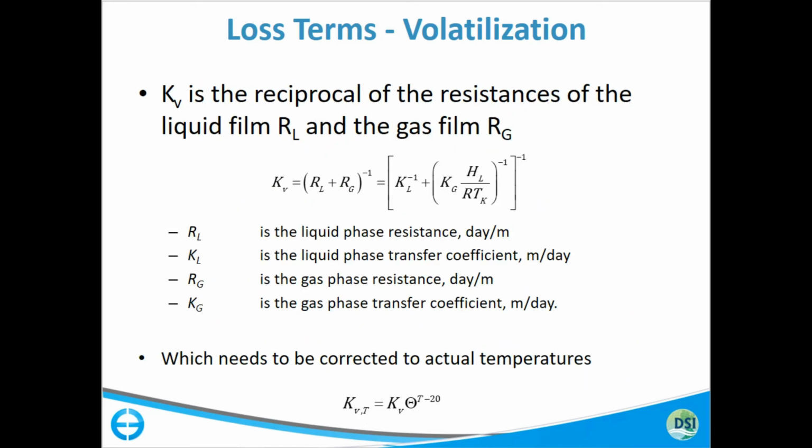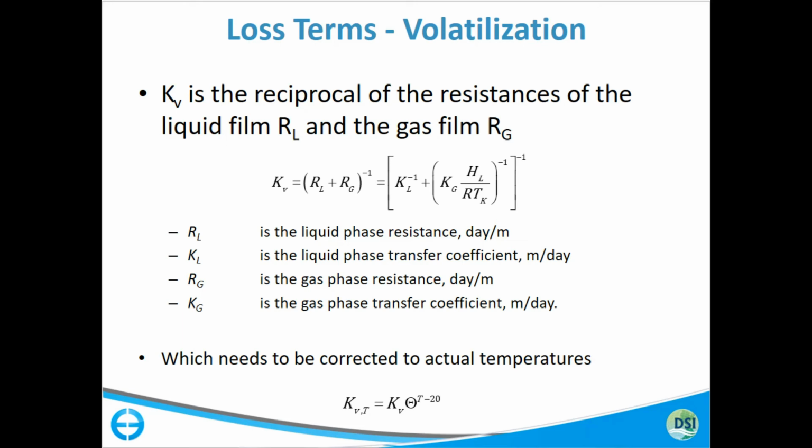We pop it back up. Oh, I didn't mention this, the result of this calculation. So now we've gone through all this, the different quiescent, turbulent, depths and McKay or O'Connor. So we have all these terms. We calculated kV, but that kV is at 20 degrees.